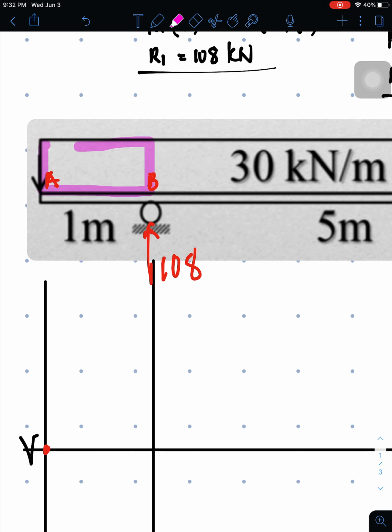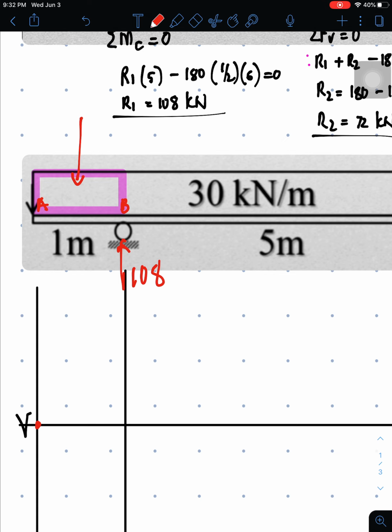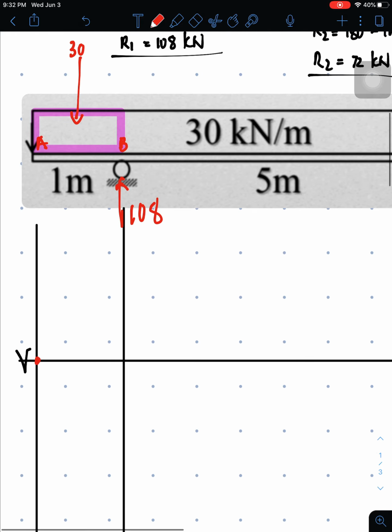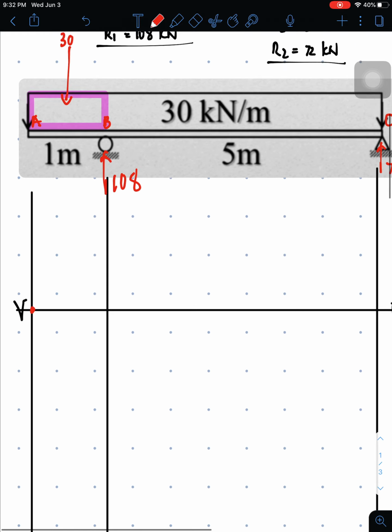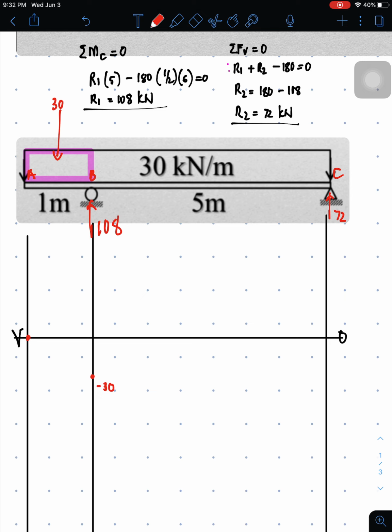So that's 30 times 1, it's 30. What you will plot is 30 downward, so you start at negative 30. The force is downward and the value is 30. So it's negative 30. That's what you're going to plot.